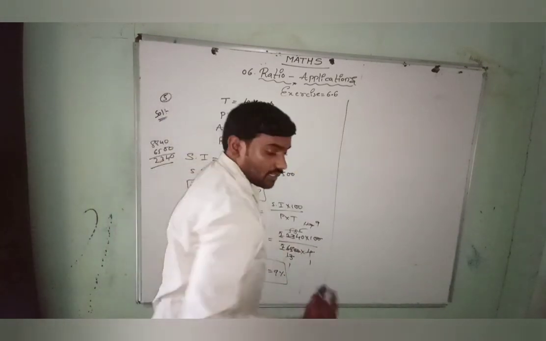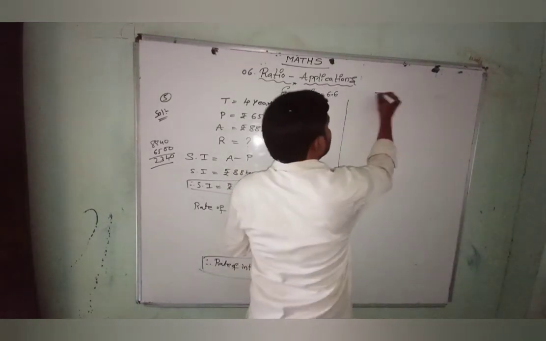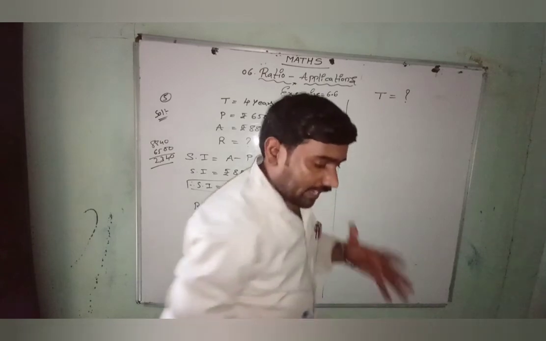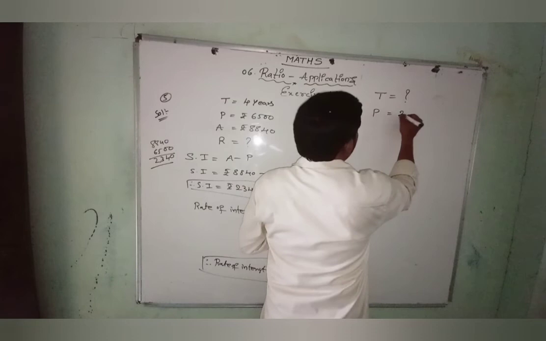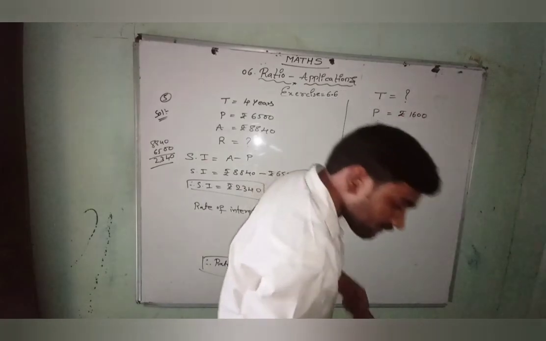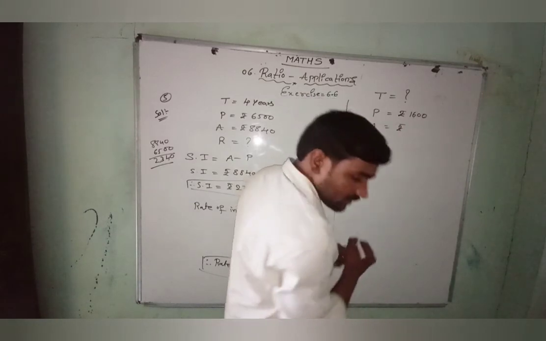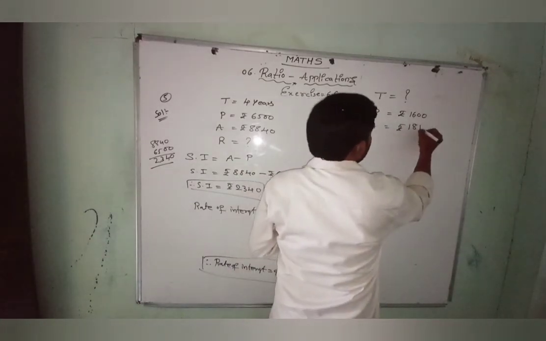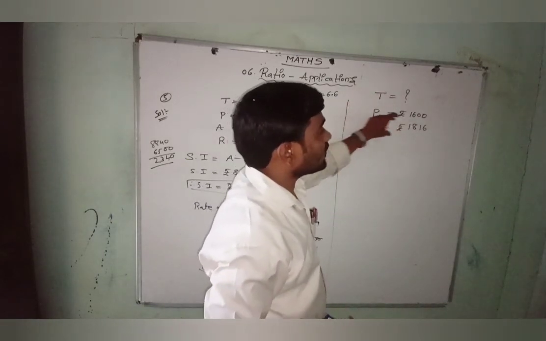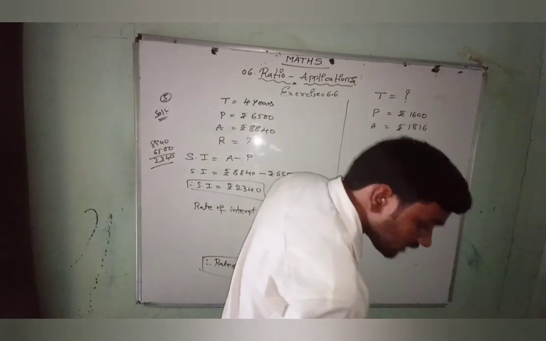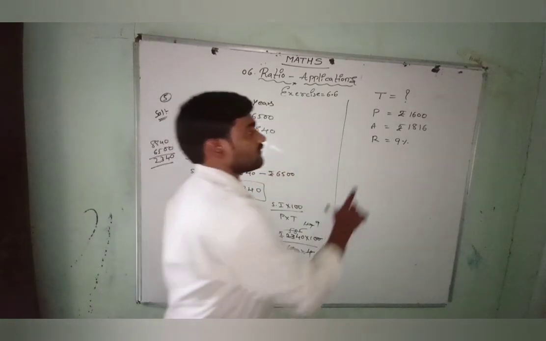Now there is one more question. In what time will 1600 rupees become an amount of 1816 rupees at the same rate of interest, 9%?